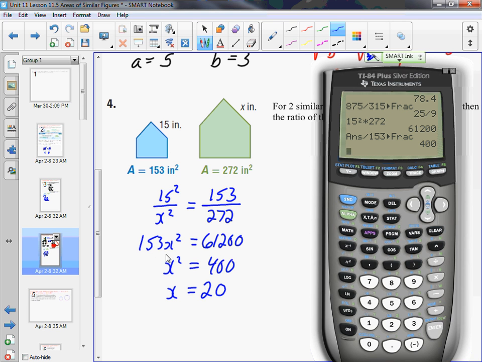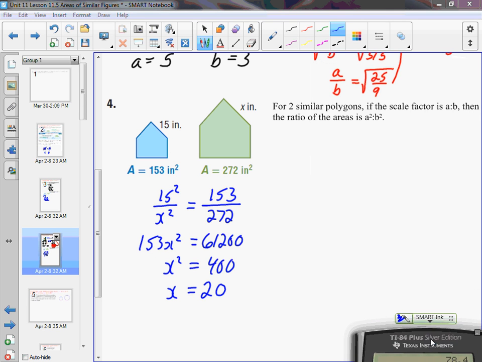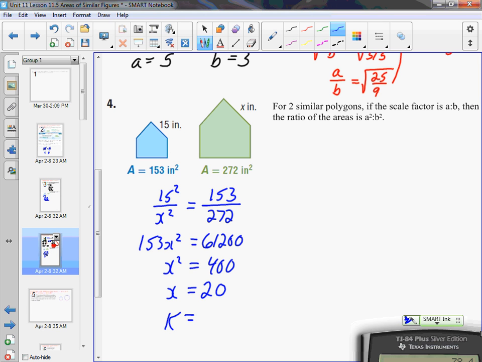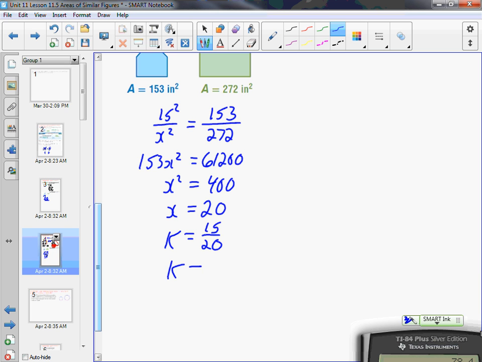All right, so we found the last part first. We found x. We also had to find the scale factor. So the scale factor is 15 to 20, or better yet, 3 to 4.